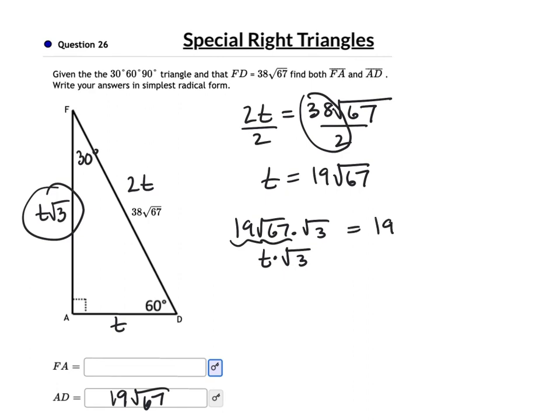This would be 19 root 201. 3 is prime. 67 is also prime. I don't think there are any factors of 67 besides 1 and 67. So 19 root 201 is the answer for FA.